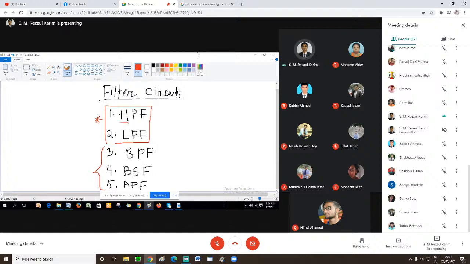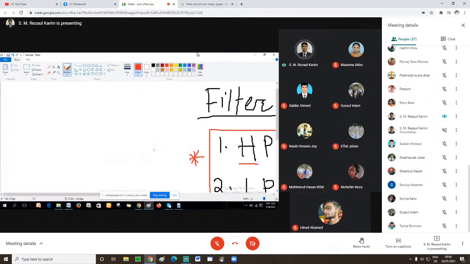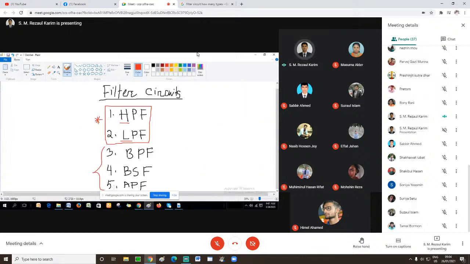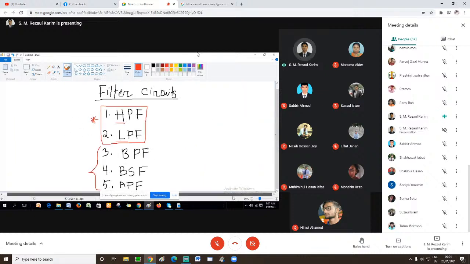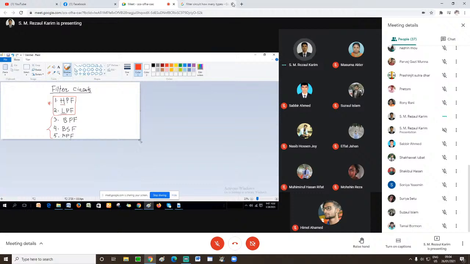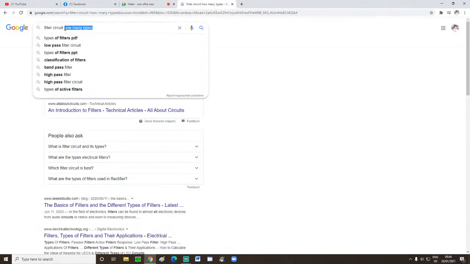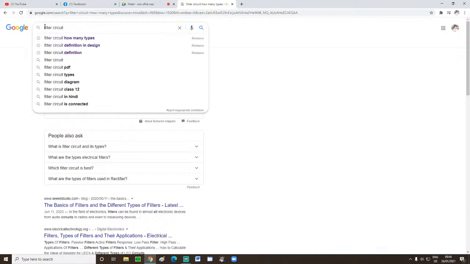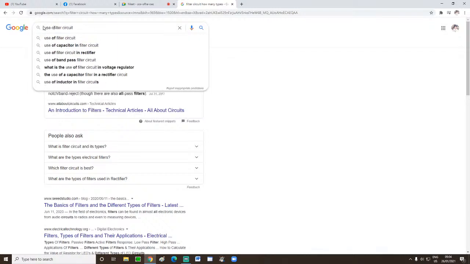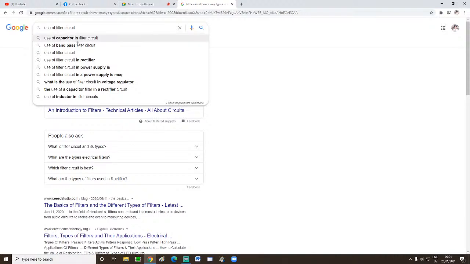Now try to understand what we are actually defining by telling high pass, low pass or band pass. What does it mean? First you have to understand what a filter circuit is doing in electrical or electronics engineering. So let's consider this one is a filter.